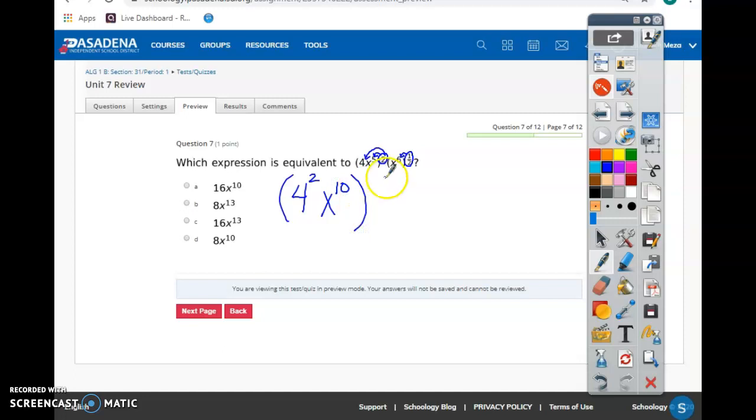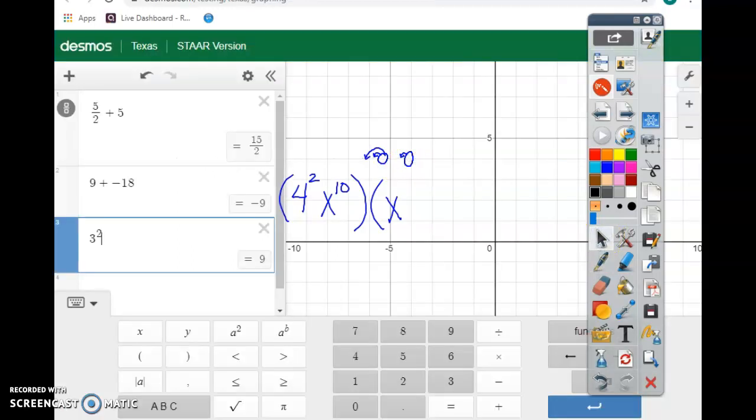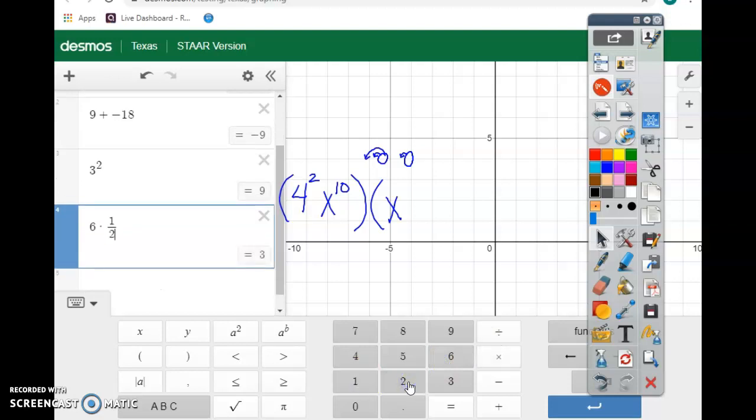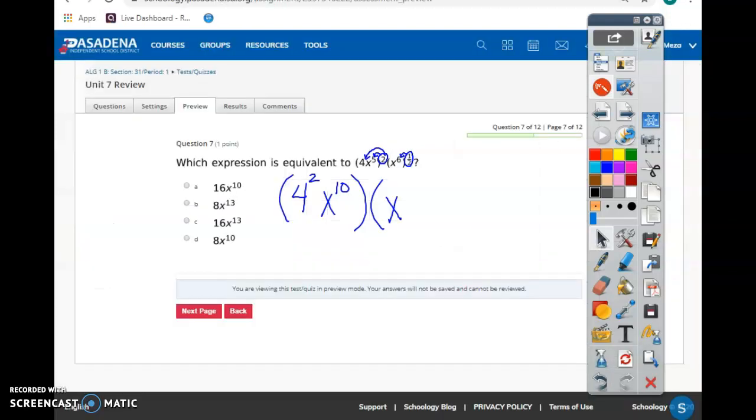And then right here, I'm going to have x to what power? 6 times 1/2. If I put it in Desmos, 6 times 1/2 is 3. You just multiply it, okay? So it's to the 3rd power. Then it's 2 things multiplying each other.